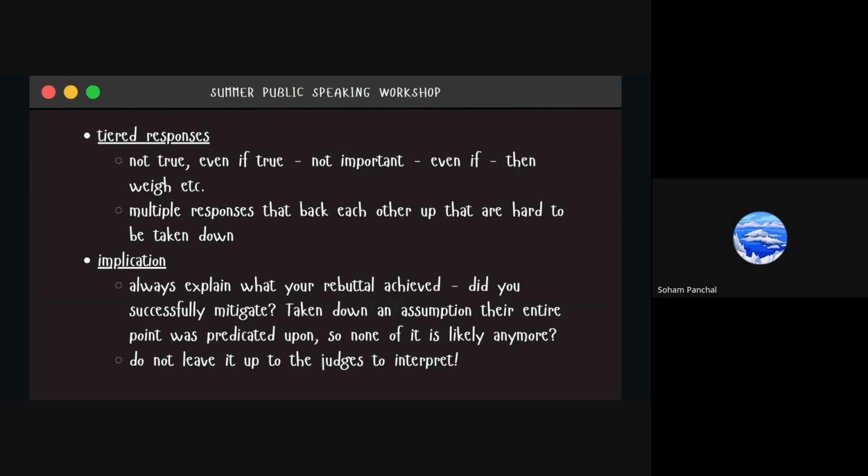Let's take an example. Some motion could be that this house would ban animal testing of medicines or something like that.